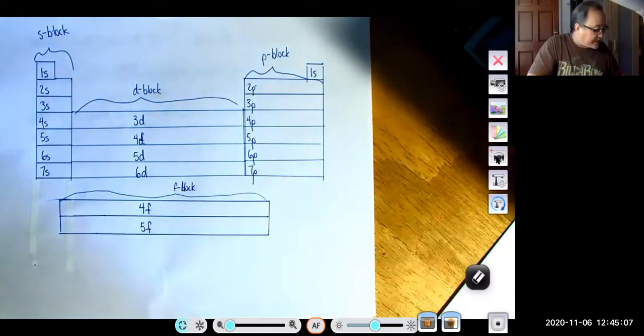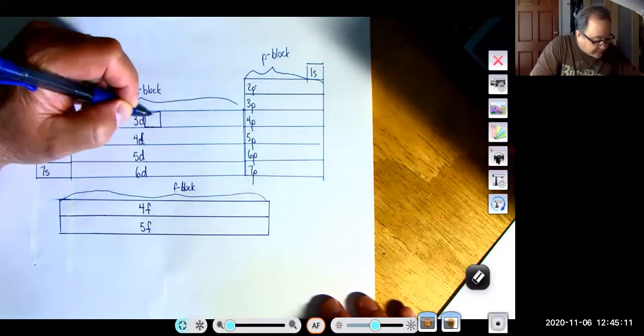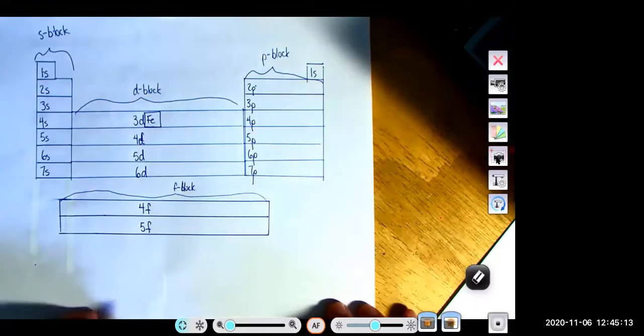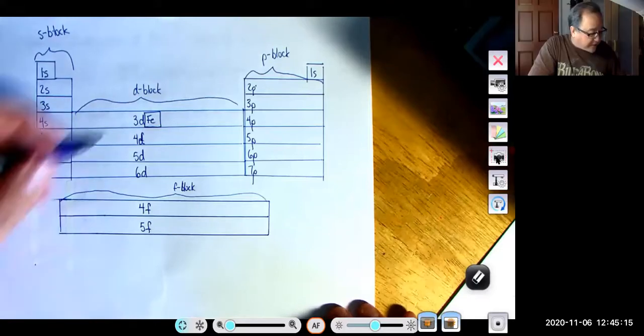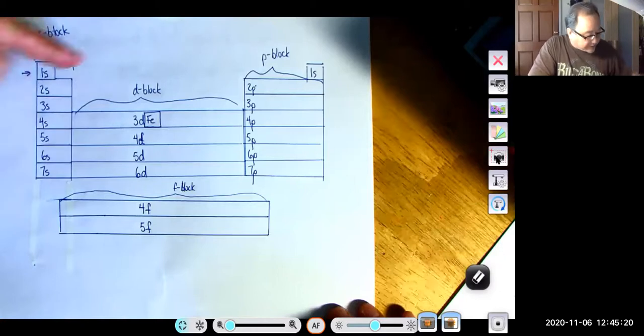So if we do this, we can then do iron. So here's iron. And here's how we get the electron configuration of iron. We start here and we go through the subshells.